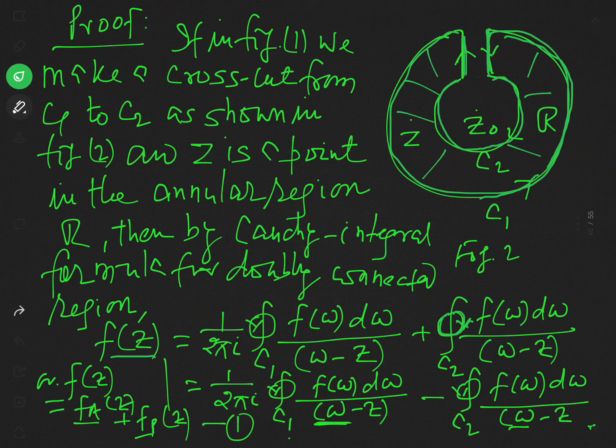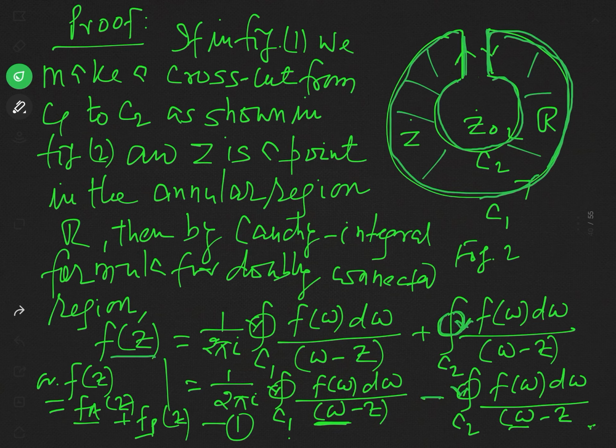The expression will be the integral along C2 of f of w dw by w minus z. If we change the sense of rotation from clockwise to anti-clockwise, the sign of the integral is reversed, so we take the integral in anti-clockwise sense with a minus sign.